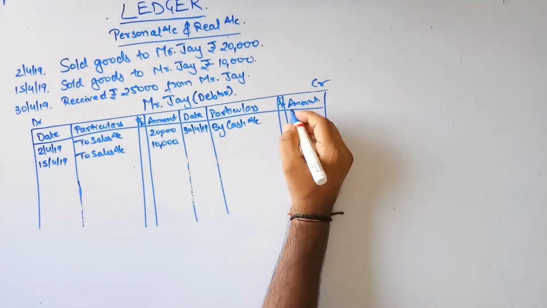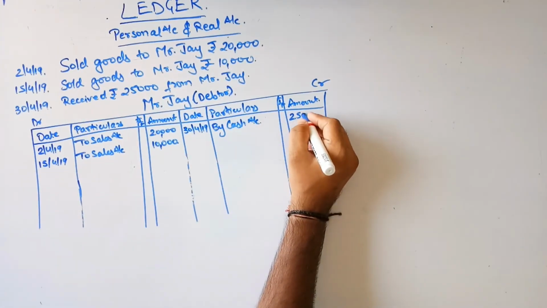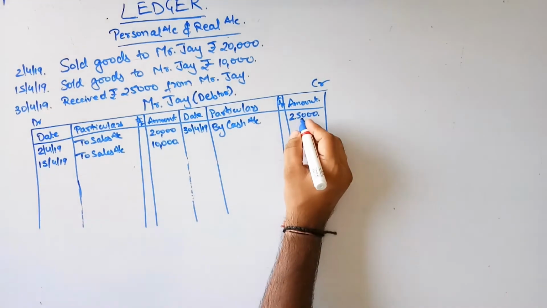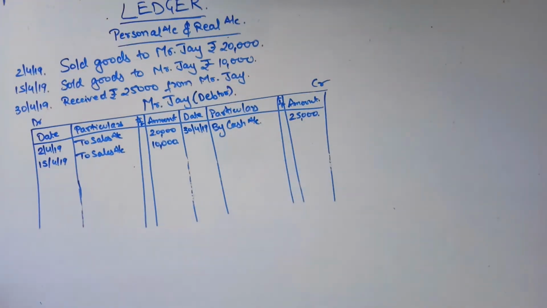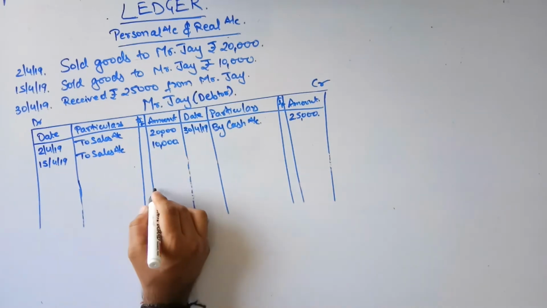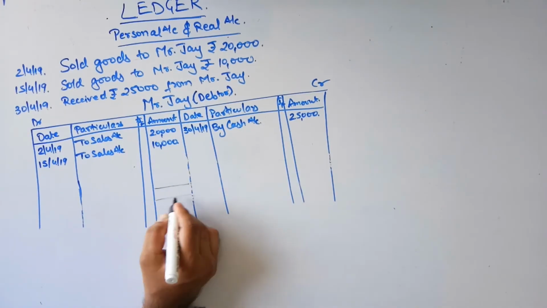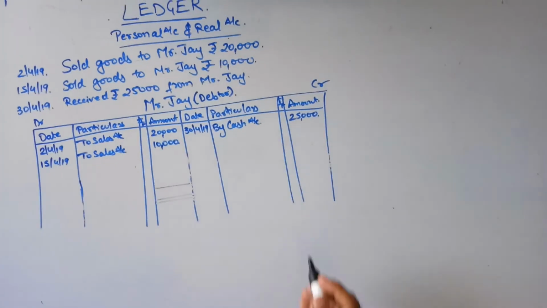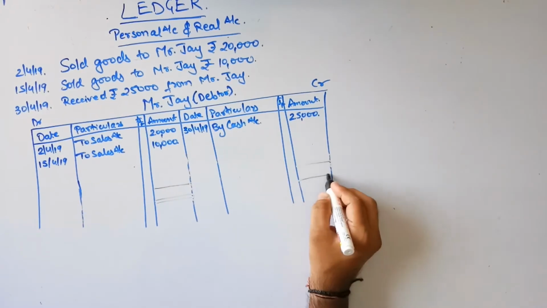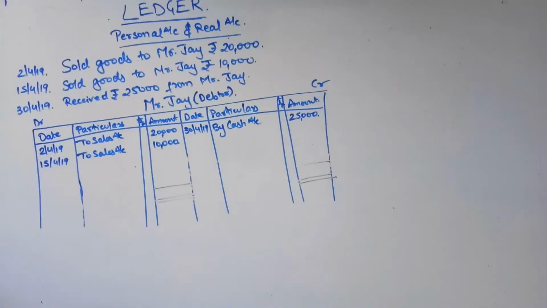Now by cash account how much have we received? 25,000. Now we go by the same old concept, the way we closed the accounts last time. Start closing the accounts. How will you close the accounts, guys? See, first we'll leave some space down below, and let us continue with the blue pen only.